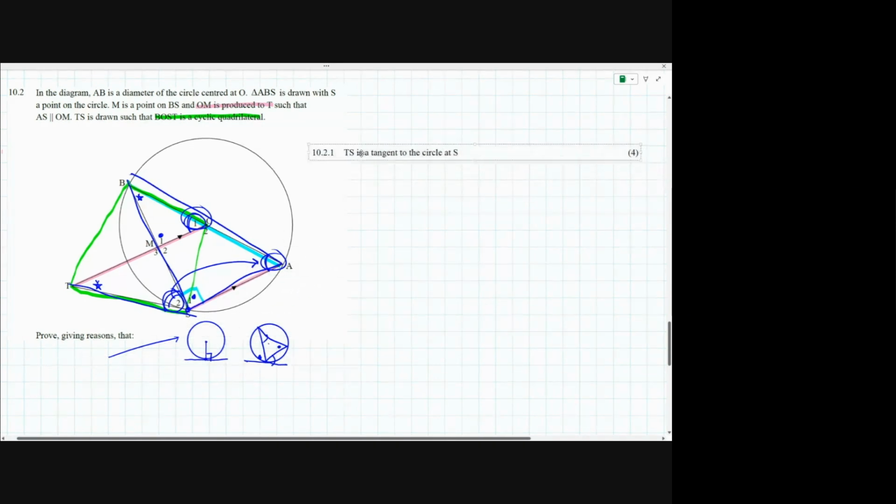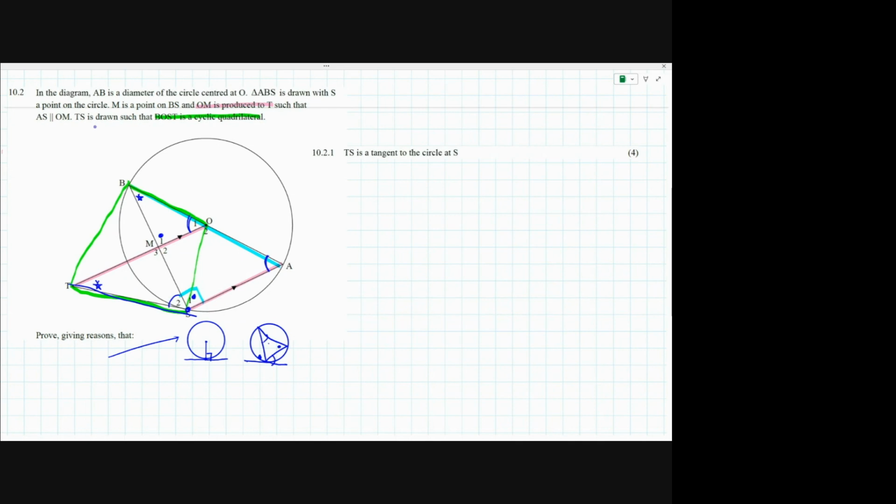I'm just going to move that here so we can do this working out here. Now again, it's not necessarily always the easiest thing to see, and I understand that. That's why I'm saying sometimes it helps to just start putting information onto your diagram that you know is true. Once you start doing that, you start to see what you have to work with in order to get to where you need to be.